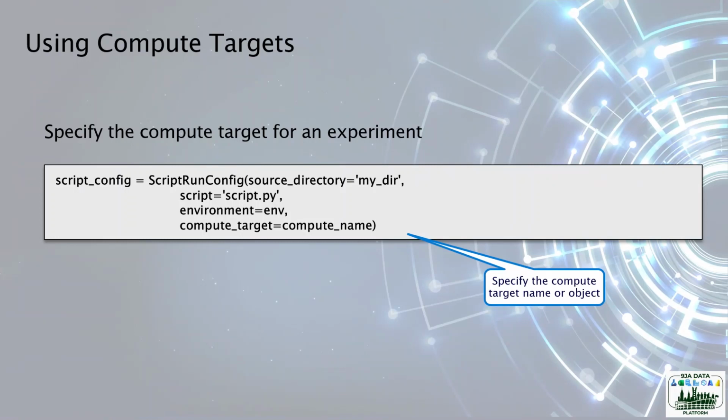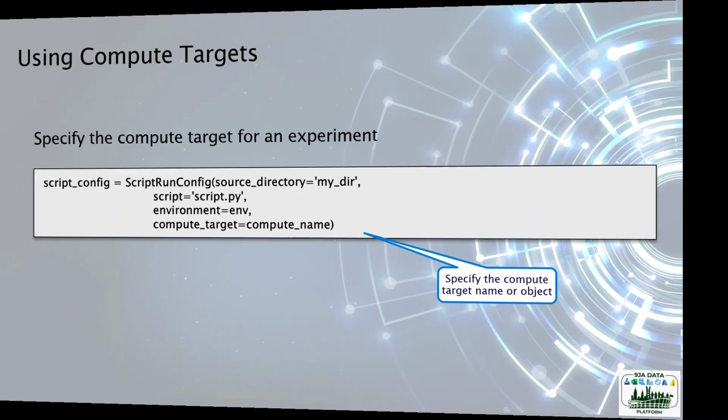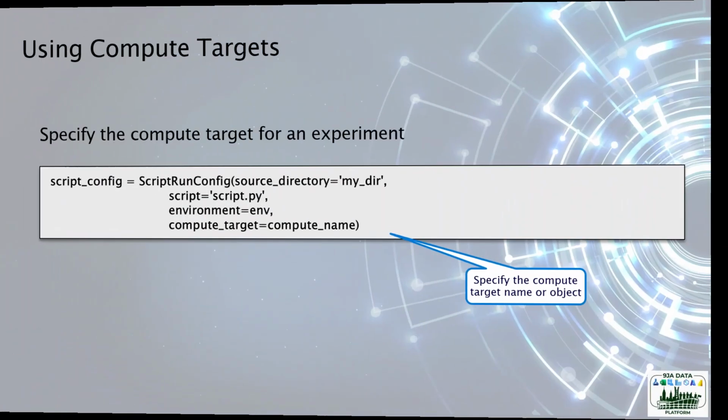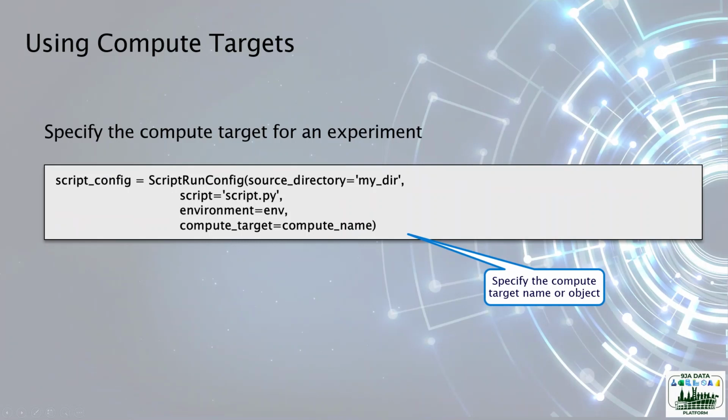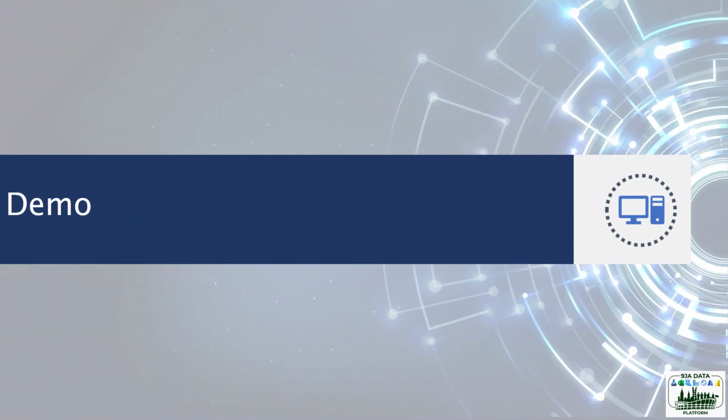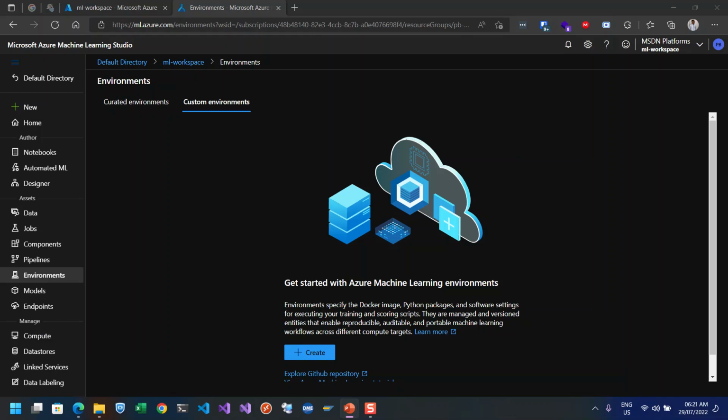This script simply states it. It is just identifying the source directory and the script, and then identifying the name of that particular compute target that we want to use to run the experiment.